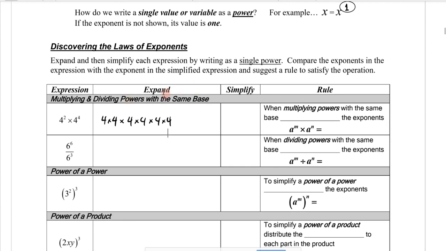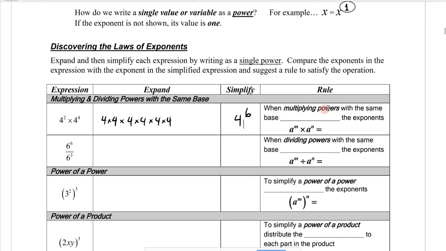Well, I can simplify everything that I see here by writing this with a base of 4. And how many do I have? I have 1, 2, 3, 4, 5, 6. So I can write 6. Is there a relationship between the 2 and 4 that you see in the question and the 6 when I simplify it? In fact, there is. If I add 2 and 4, I get 6.